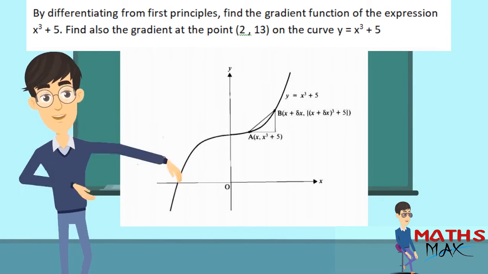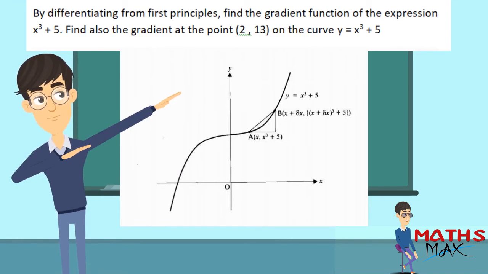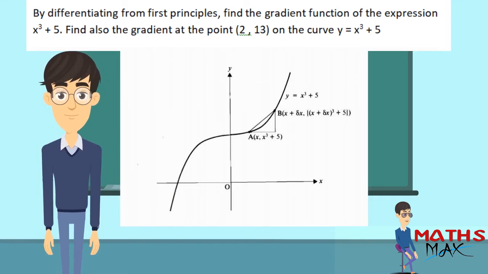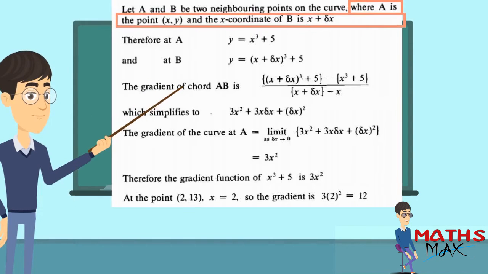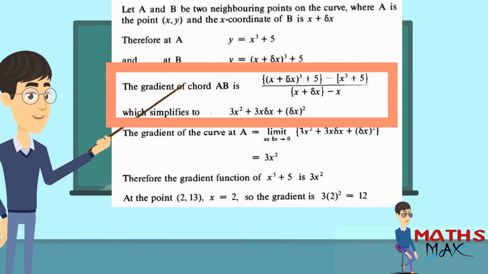Okay, look at this example question. Pause the video, and try to do this. Okay, let A and B be 2 neighboring points on the curve, like this. These are the y-coordinates of A and B. Then you know how to find the gradient of the chord AB, and simplify it.